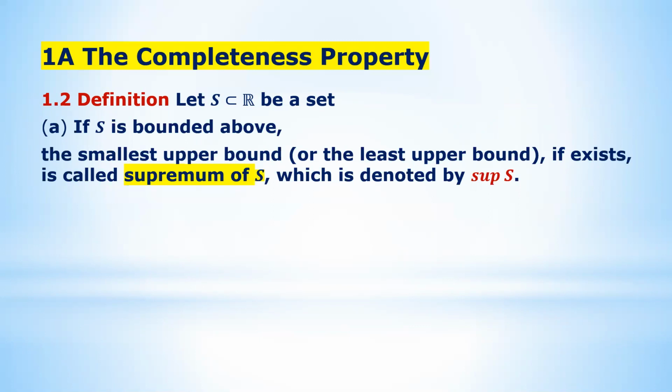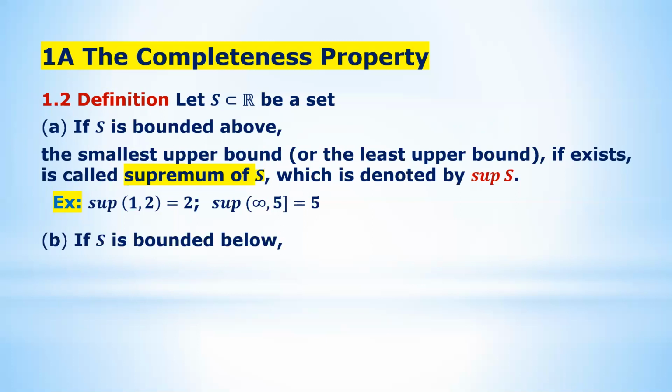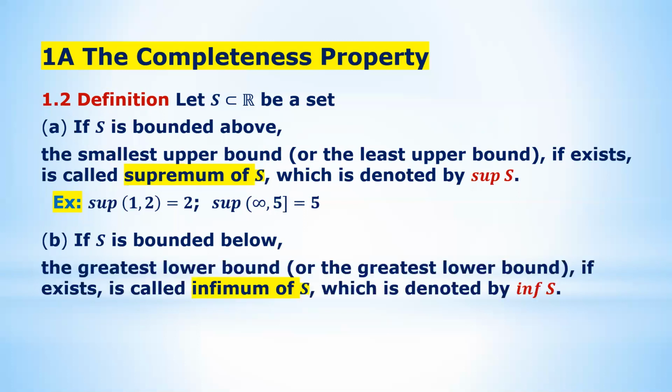For instance, take (1, 2): in this case the smallest upper bound exists and equals 2, so the supremum of (1, 2) is equal to 2. The supremum of (-infinity, 5] is equal to 5. Now similarly, I can define another name. If S is bounded below, then the greatest lower bound, if it exists, is called the infimum.